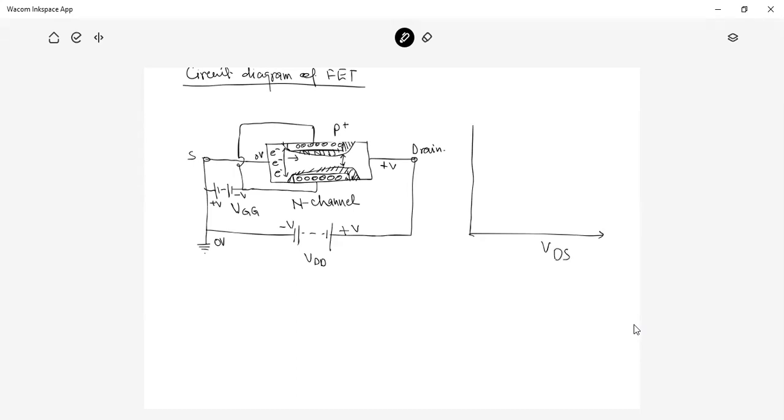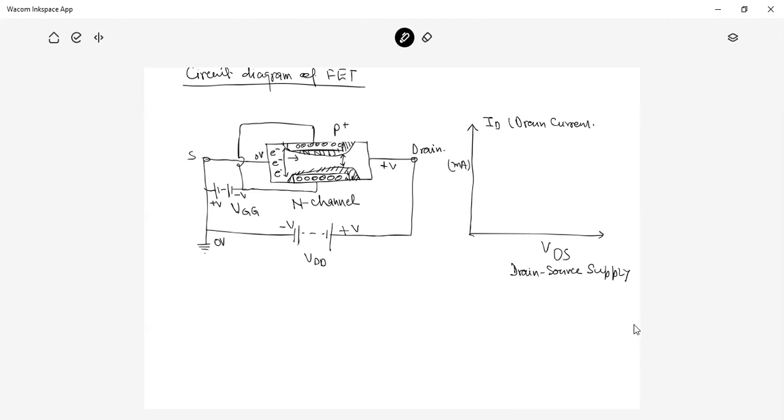VDS, drain source supply, and here it is ID. ID is drain current, definitely in milliampere.